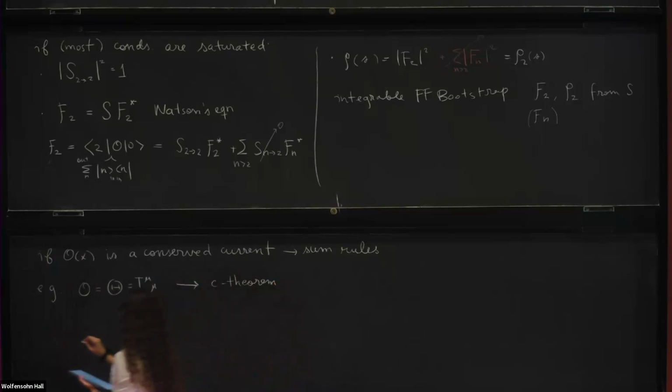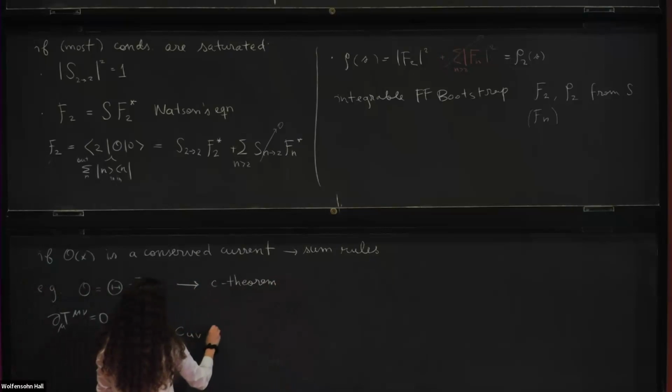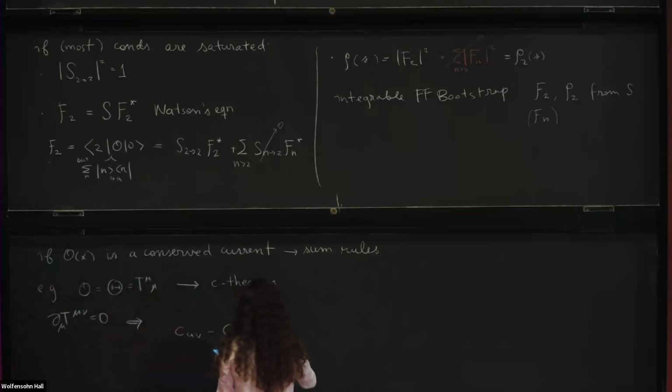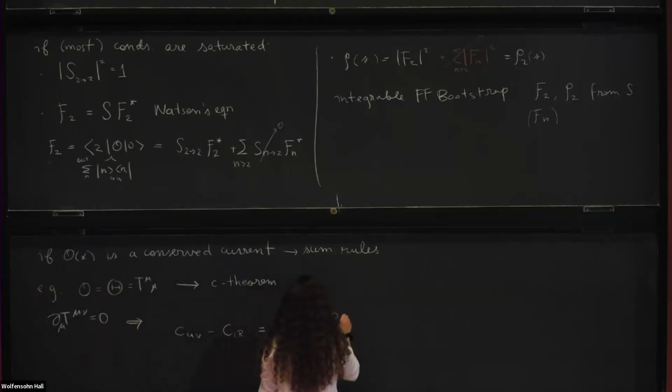So in other words, the conservation of the stress energy tensor implies this sum rule in terms of the spectral density of the stress tensor or the trace. So the sum rule looks like this. The difference between the UV and IR central charges is an integral of the spectral density over s squared.